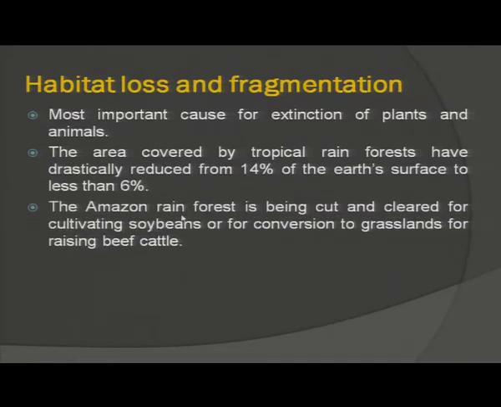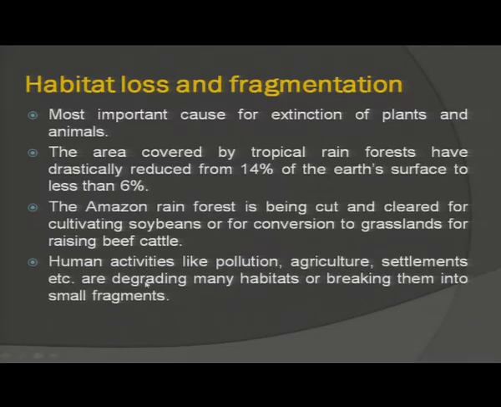The Amazon rainforest, which I mentioned in the earlier session, is known as the lungs of our planet. It is being cut and cleared for cultivating soya beans or for conversion to grasslands for raising beef cattle. These are petty reasons because of which we are destroying the biodiversity of such rich forests. Human activities again contribute to this habitat loss and fragmentation.